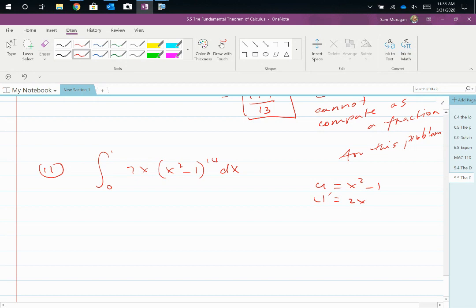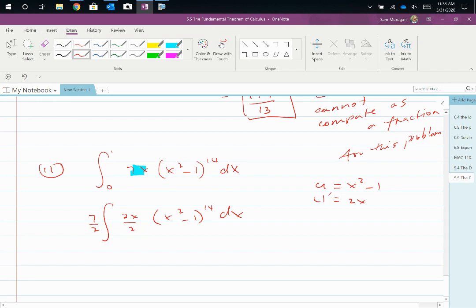Instead, we've got a 7x here, so we need to convert it to a 2x. The way you would do that is bring 7 outside, then in order to get 2x here, we're going to have to divide by 2. That means this would be 7 over 2 times x squared minus 1 to the 14th power dx.